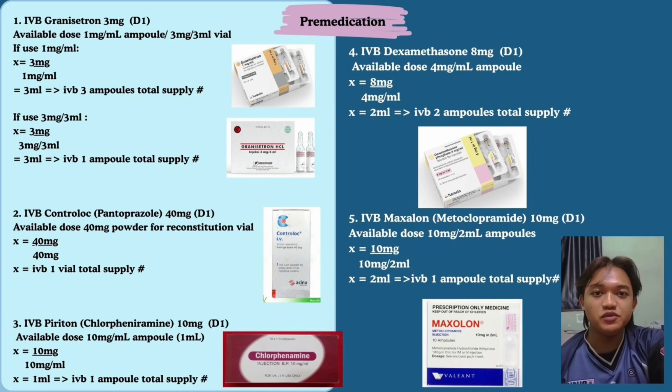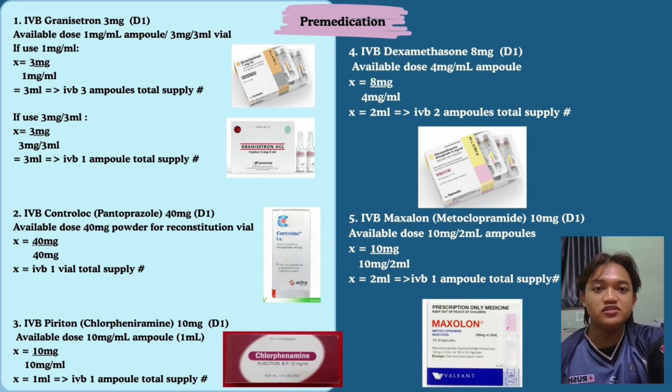If using 1 mg per 1 ml, X equals 3 mg divided by 1 mg per ml equals 3 ml, which means IVB 3 ampules total supply. If using 3 mg per 3 ml, X equals 3 mg divided by 3 mg per 3 ml equals 3 ml, which means IVB 1 ampule total supply.